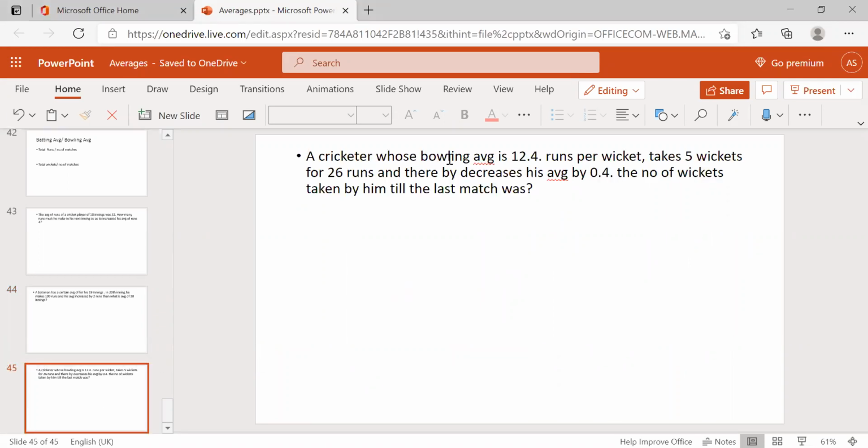A cricketer whose bowling average is 12.4 runs per wicket takes 5 wickets for 26 runs, decreasing the average by 0.4. Okay, now the same thing follows. The bowling average is 12.4. It's runs by 5 wickets, right?